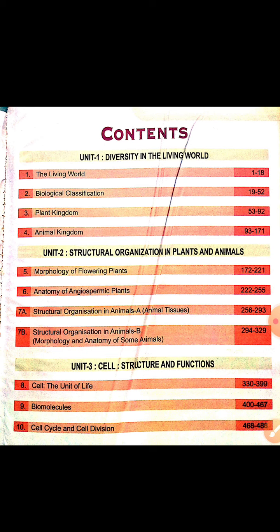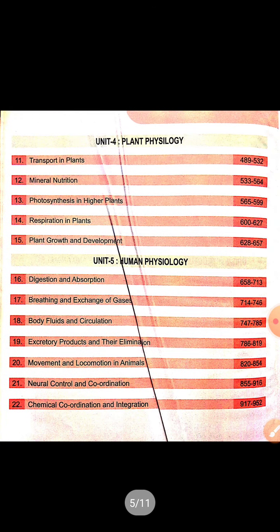In this video, you will read the part of the first chapter, the living world, and I will teach you continue through the video second lesson, third lesson, fourth lesson, and after that the unit second, unit third, unit 4 and unit 5. 5 units are the course of first year class English medium. That is the complete syllabus.